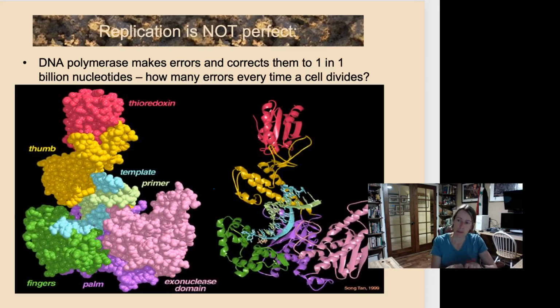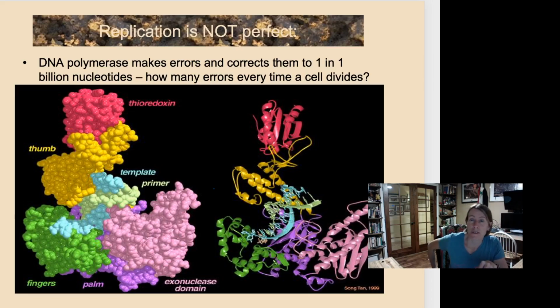Now the enzyme keeps going a little bit, but that exonuclease, you can imagine the enzyme moving along and it's also got a little part hanging out the back that feels the piece of DNA that it just made, and it asks, does that feel right? Is it lining up right? Are the base pairs correct?